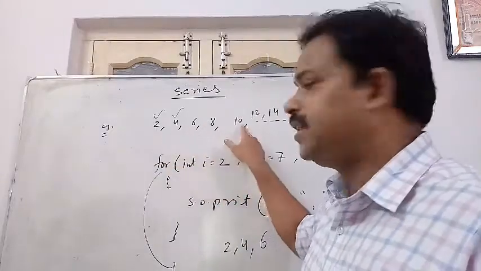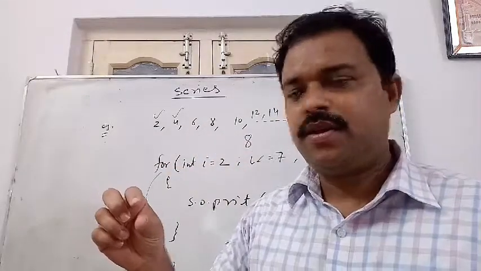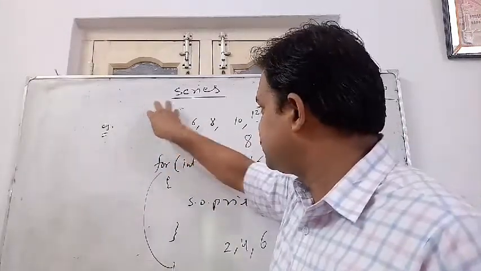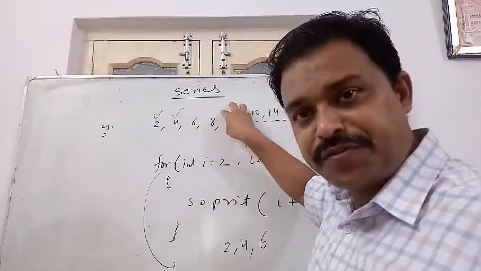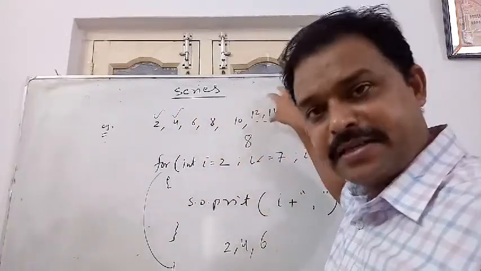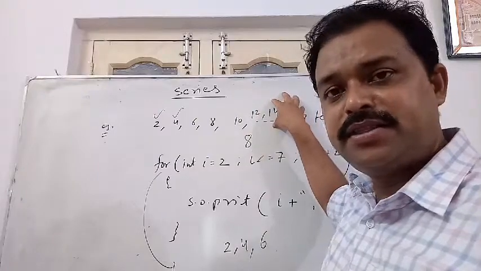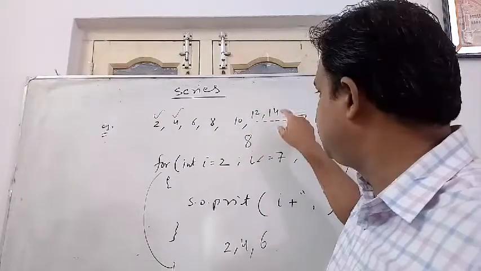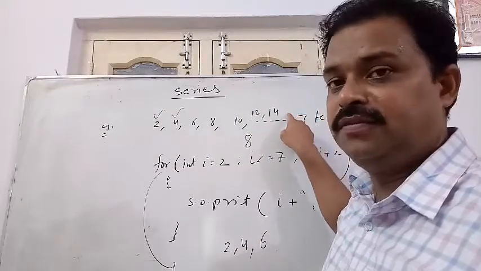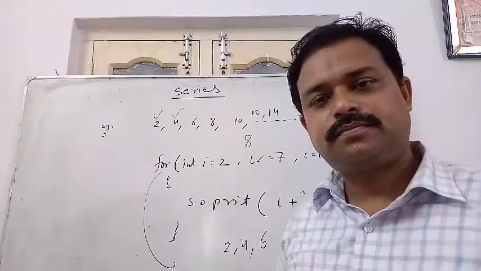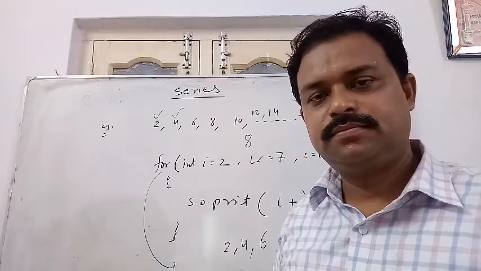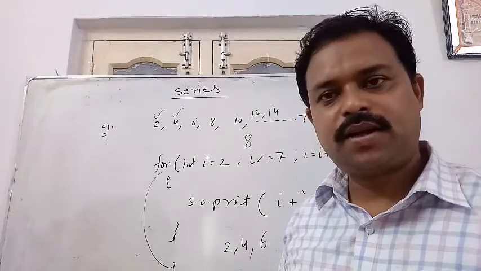Difference is there: number of terms and values. 2, 4, 6, 8, 10, these are the values. And this is first term, second term, third term, fourth term, fifth term, sixth term, seventh term. When I say print this series till 7 terms, it means that you have to print till 14. Clear?